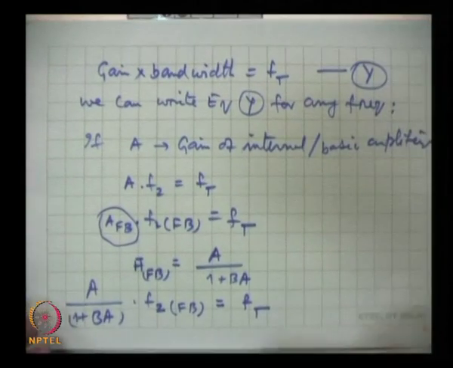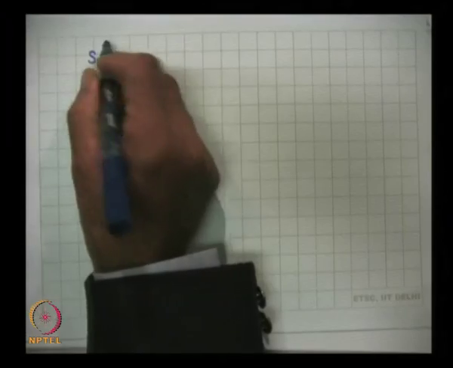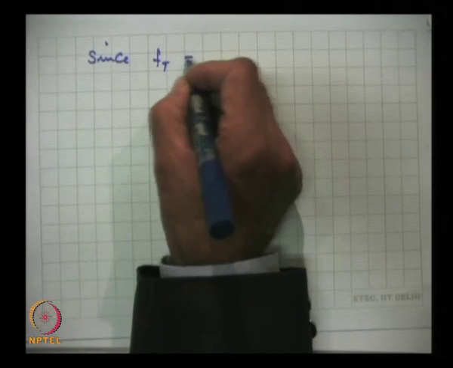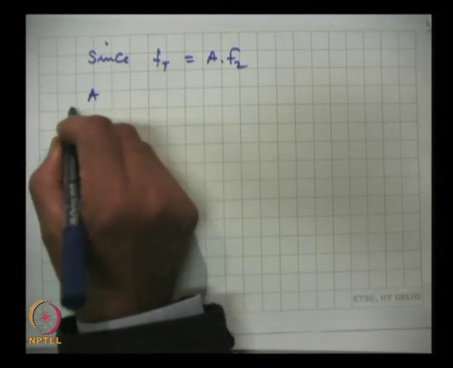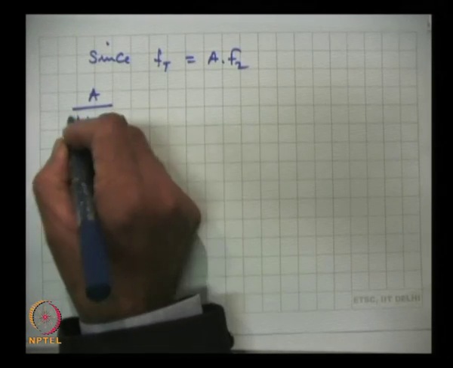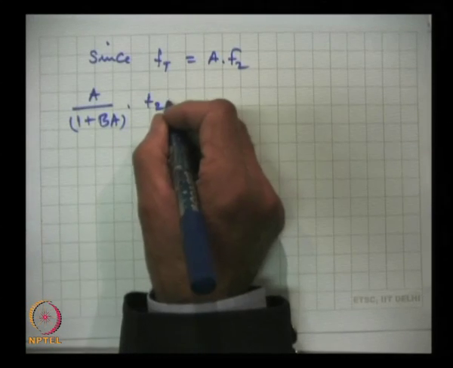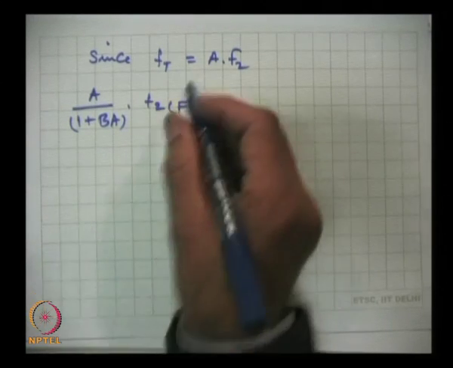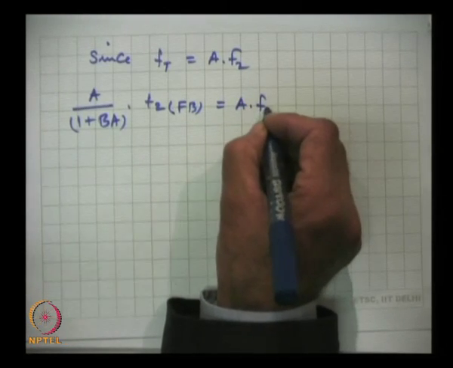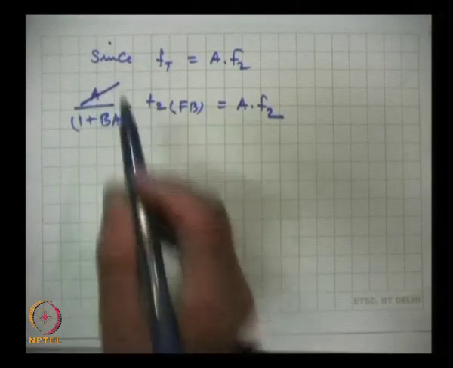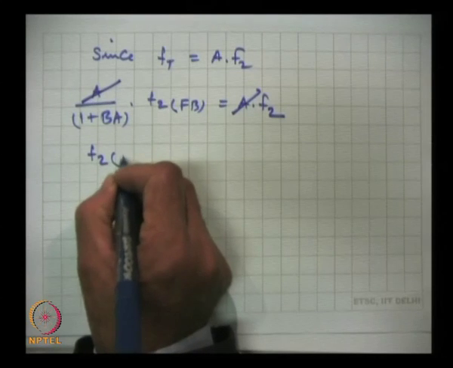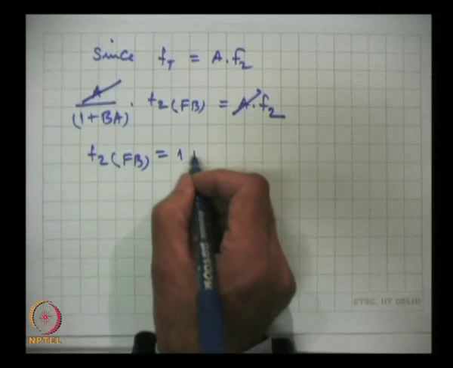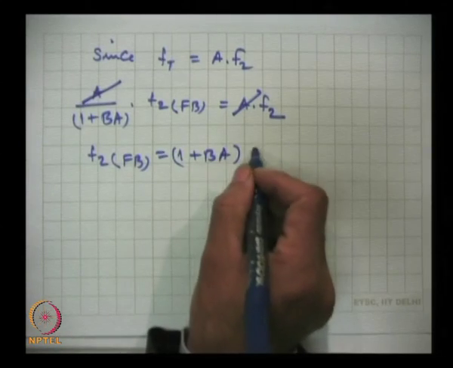Since ft is equal to A f2, this equation becomes A by 1 plus BA into f2 fb equal to A f2, and this A is cancelled with this, so that f2 fb becomes equal to 1 plus BA into f2.